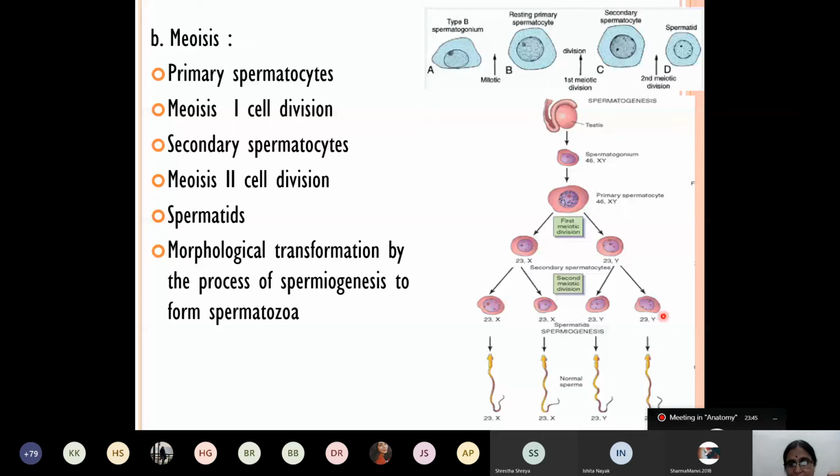These spermatids undergo morphological transformation to give rise to spermatozoa. All these events take place in the seminiferous tubule lying inside the male gonad, the testis.